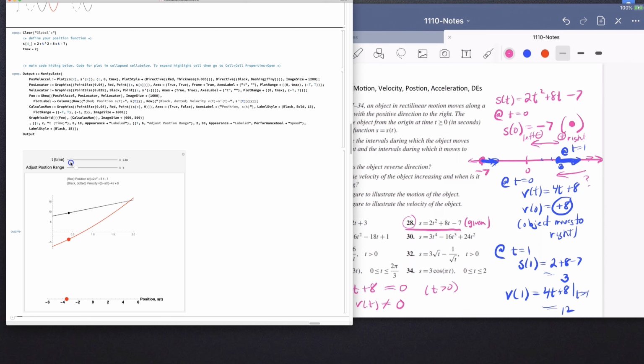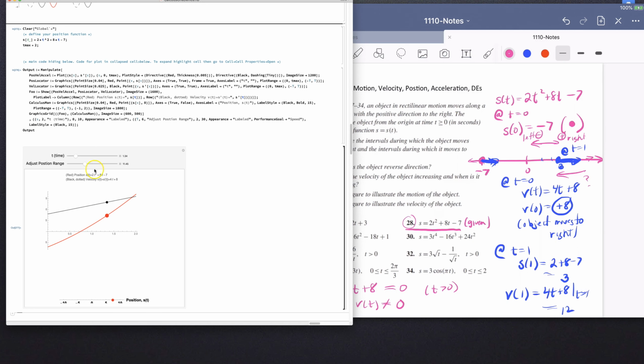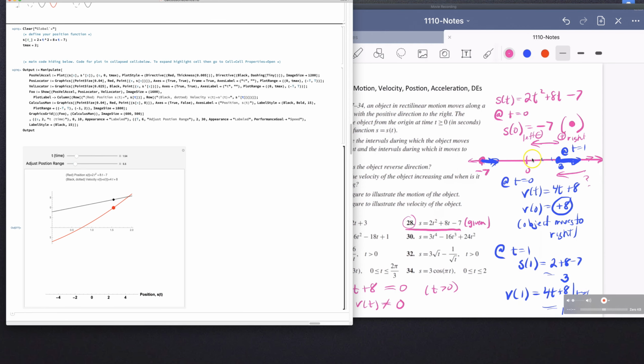As time goes on, the object is moving to the right, and the velocity is always a positive number. So this object is always going to move to the right until it finally goes off the screen. If we plotted for more time, this object would just keep traveling to the right. So that is a position and velocity problem.